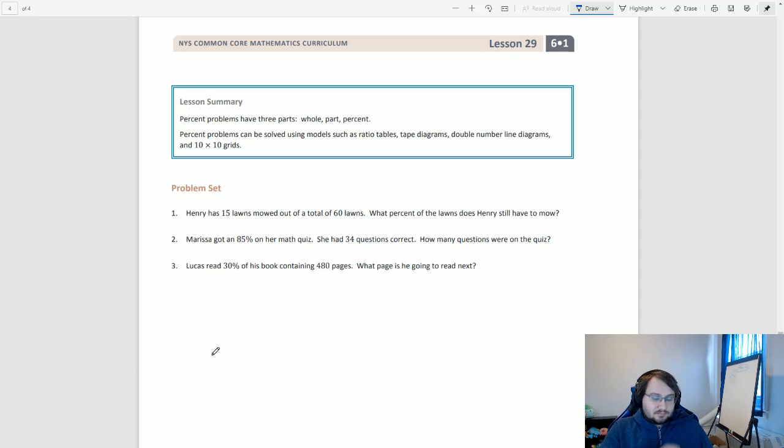Now, lastly, the test is, as I mentioned, on Tuesday. We are going to be going over the review sheet on Friday, which means you need to get the review sheet done on Thursday, because there's a pretty decent likelihood that we're not going to have all class.